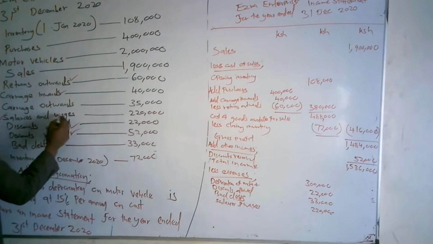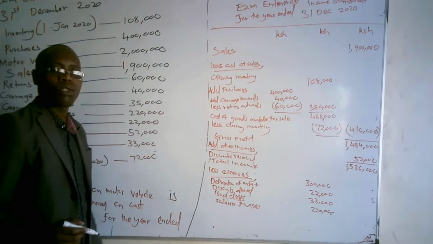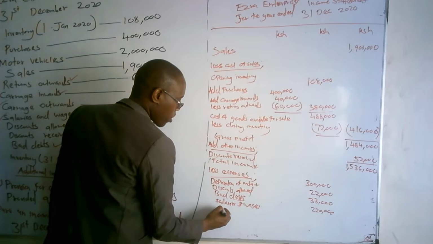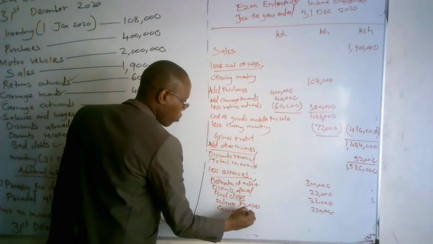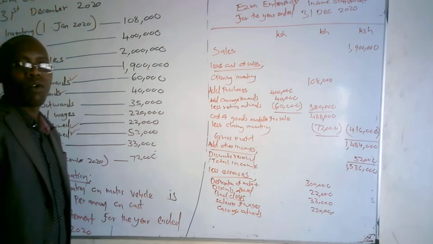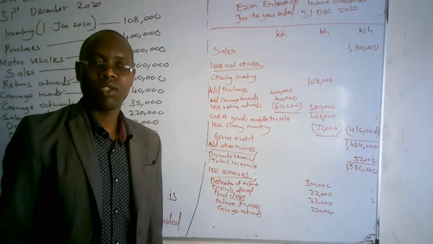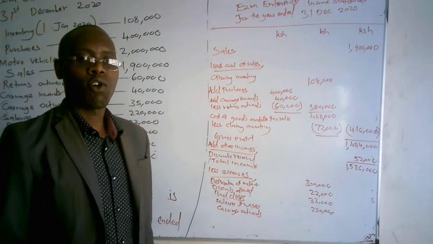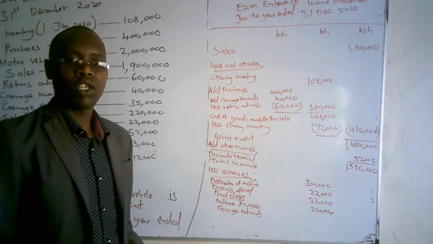And we have the carriage outwards. Carriage outwards is part of the expenses. The meaning of it is, when you have a business and you are offering after-sale services of transporting the commodities that you are selling to your customers, you offer free transport.